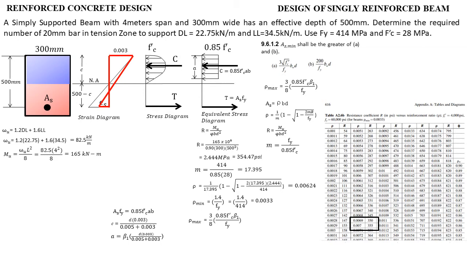Okay, beta 1 natin is 0.85 since 28 megapascal lang F prime C natin. Okay, now let's simplify. AS over BD is equal to 38.85 of F prime C beta 1 over Fy, and that is now the raw maximums.